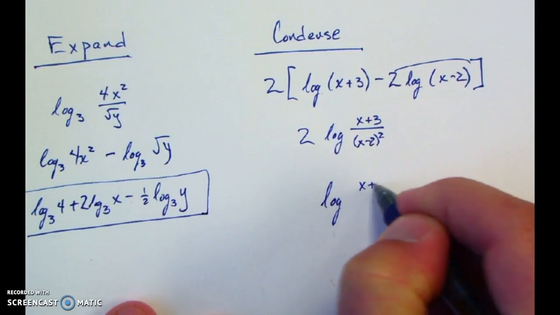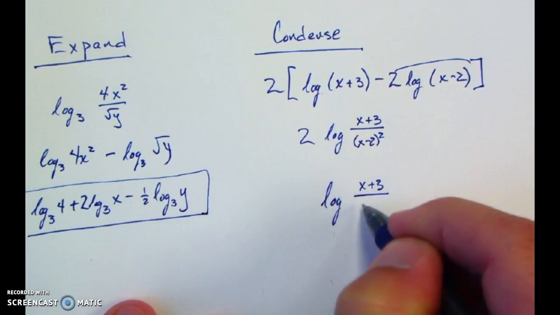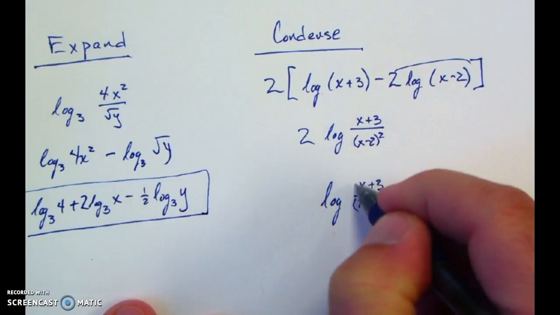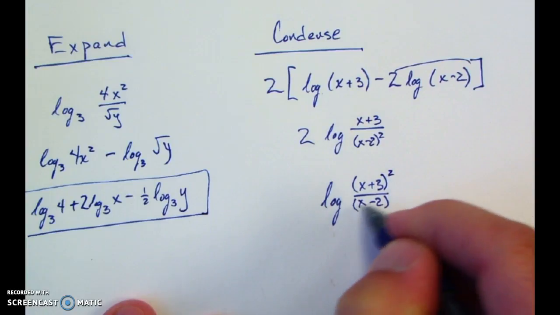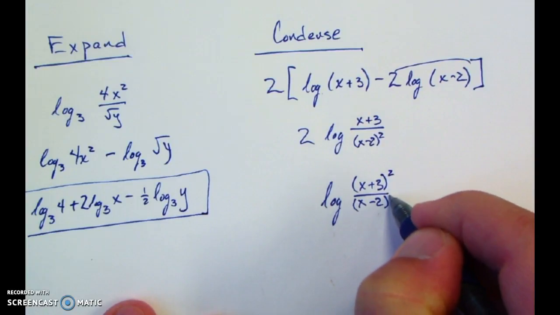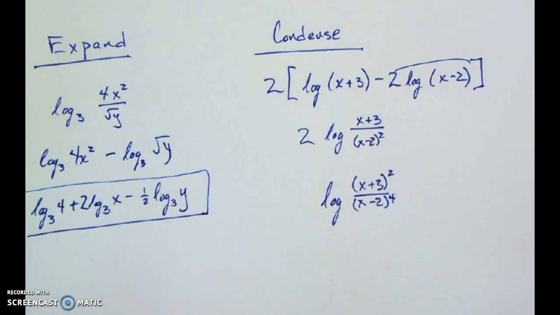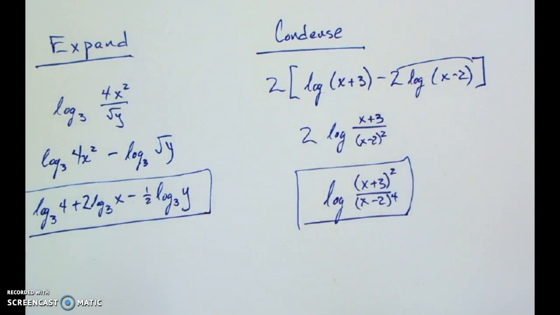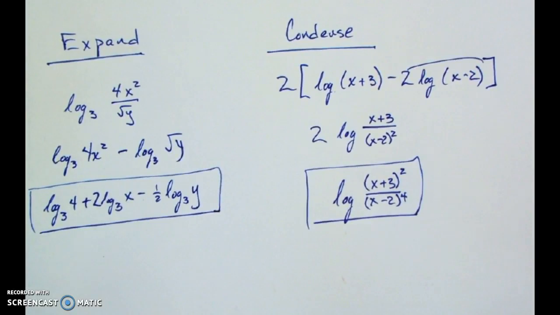Log of x plus 3 over x minus 2, and we're squaring all of this, so that would end up being this quantity squared, and when I have this one squared, we already had it squared before, so that would go to the 4th.